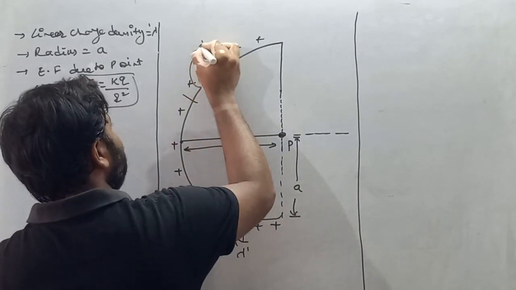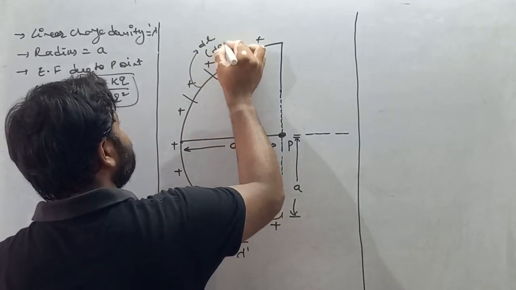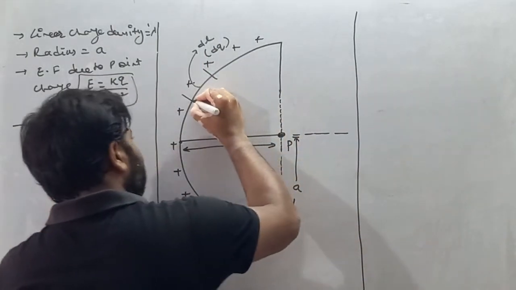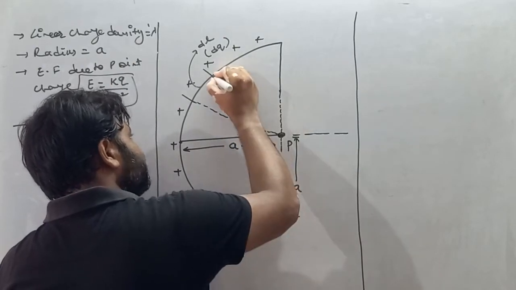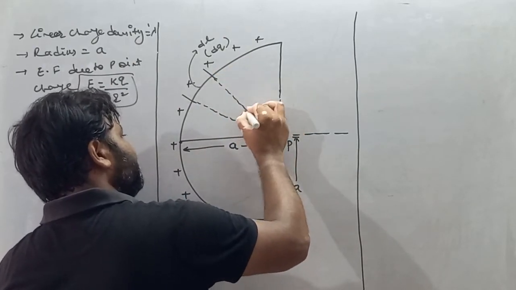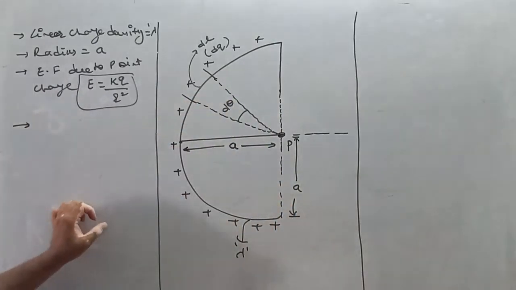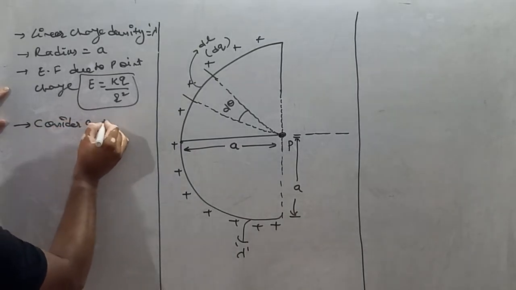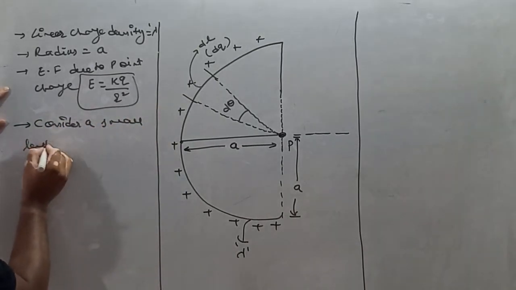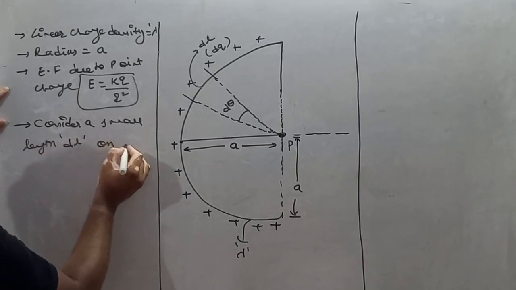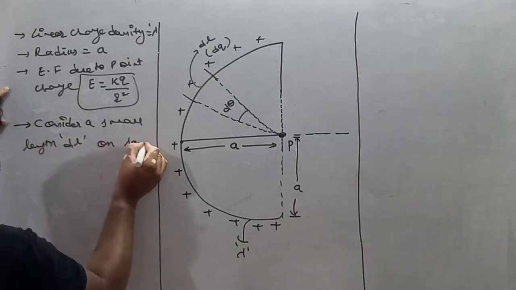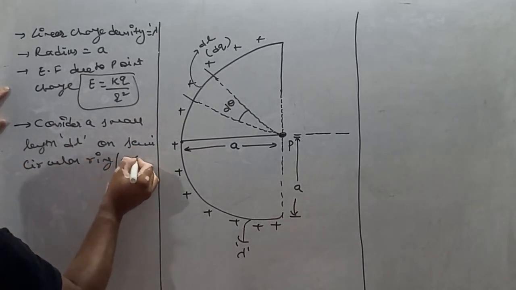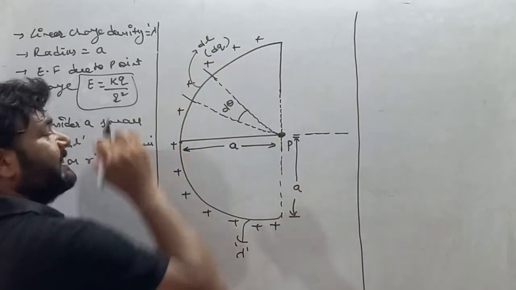This is your small length dl in which charge dq is present. Now if you see here, this small length is basically subtending some angle, let's suppose d theta, with the center. Consider a small length dl on the semicircular ring, or arc.